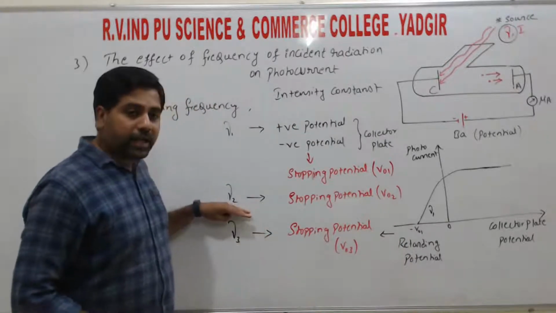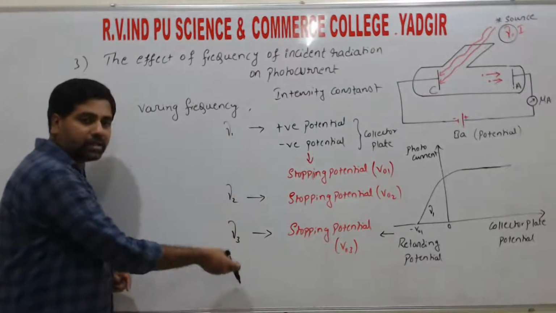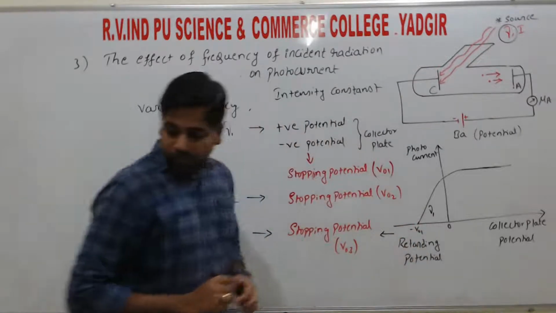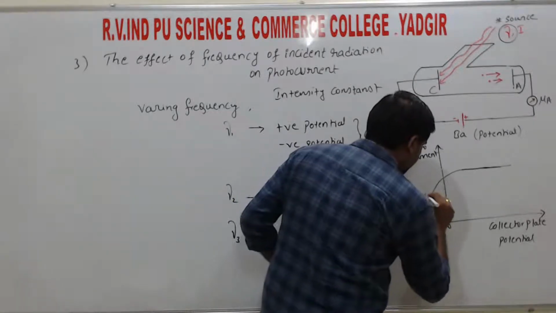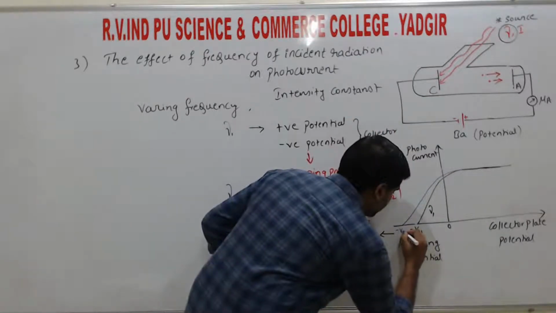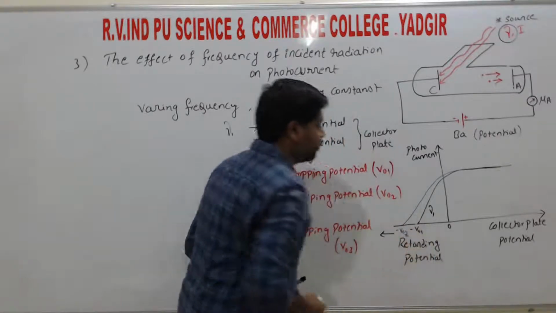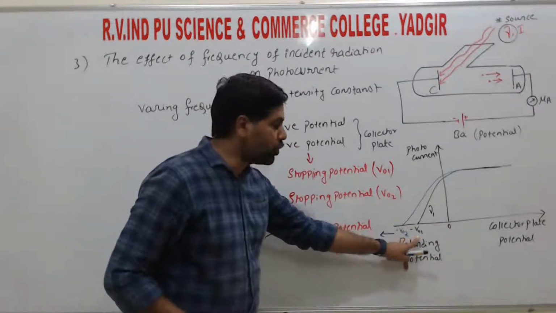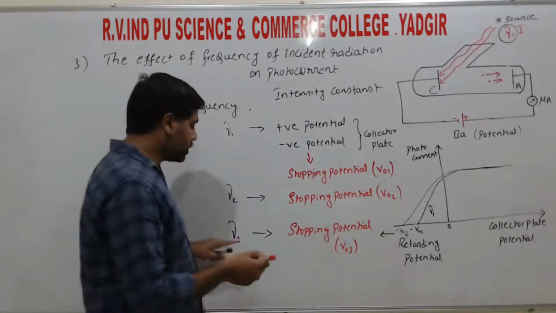Next we increase the frequency. From 1 to 3, as we increase the frequency of the incident radiation, we get curves like this. If I plot this again, this one is minus V0, because it is the negative x-axis, that is why we represent it with minus, the negative potentials V01, V02, and for the third frequency.